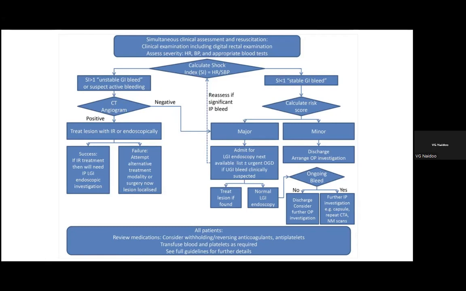I'm just seeing if there's anything else on the chat. Asheko says, do not forget the emerging role of video capsule endoscopy for small intestinal bleeding. Superior to angiogram, must be done early and when there's no obstruction. Yes, Asheko, for small intestinal bleeding, we agree.